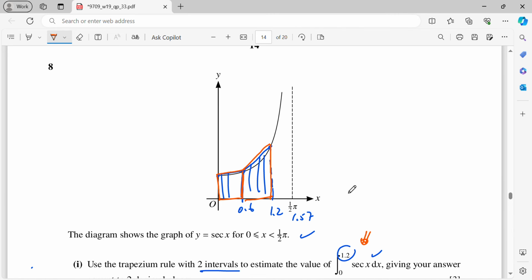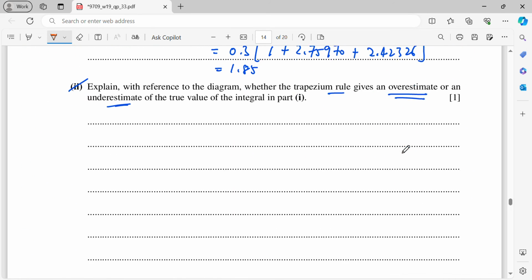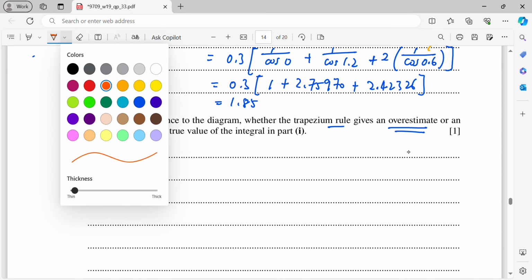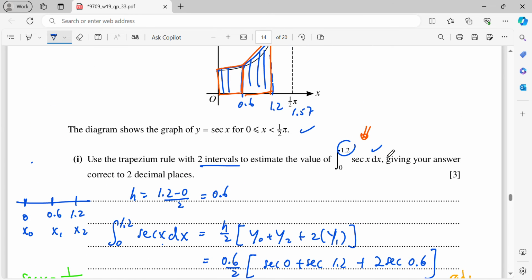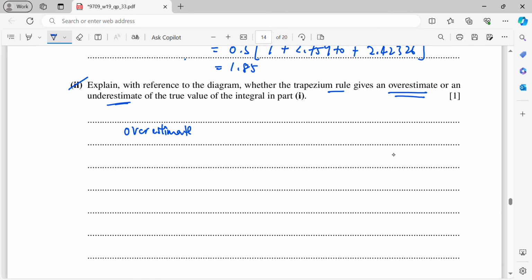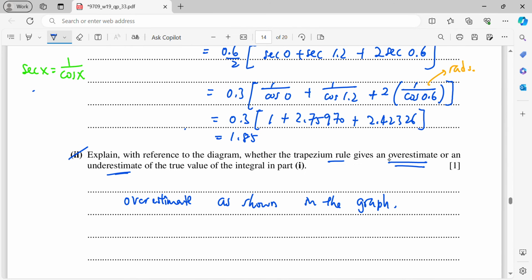So obviously the trapezium rule is an overestimate. Okay, so just explain overestimate, as shown in the graph. Okay, so that's all for the answer.